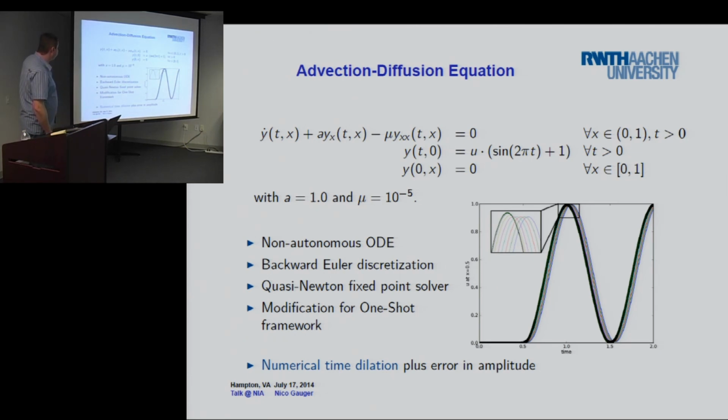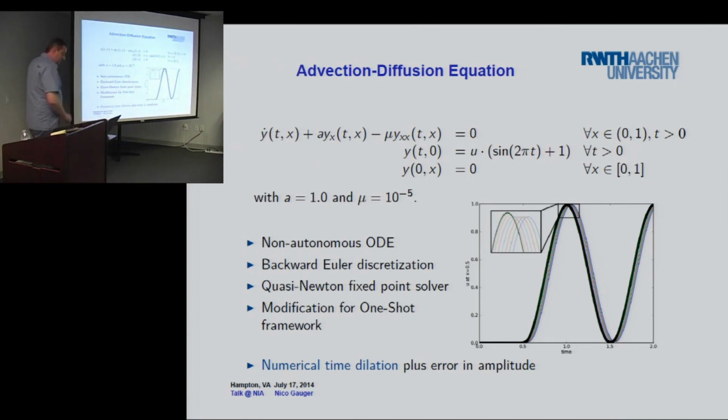That means the ODE is first of all no longer autonomous. It's non-autonomous. And we observe, you see here in zoom, not only the time dilation, but also an error in the amplitude.